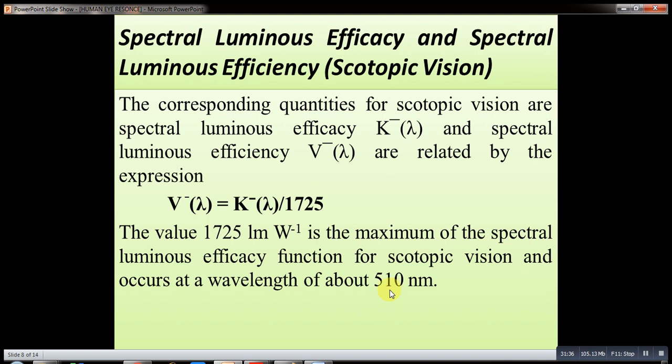The maximum luminous efficacy in scotopic vision occurs at a wavelength of 510 nanometers.